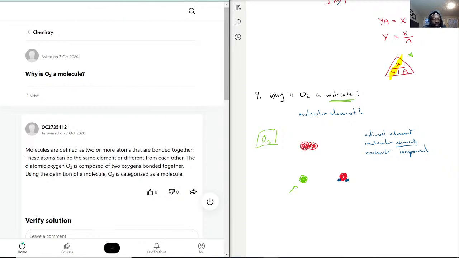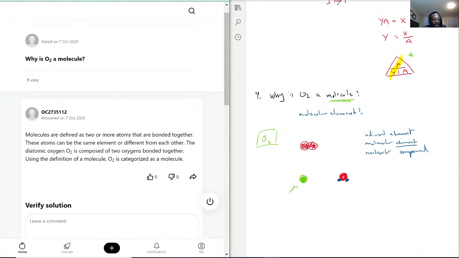Okay? So exactly, molecules are defined as 2 or more atoms bonded together. Oh, that's a better word. Not individual element, but atomic element. Okay? And then there's molecular element and the molecular compound. Exactly. Diatomic oxygen means that there's 2 atoms of oxygen, and these are bonded together.